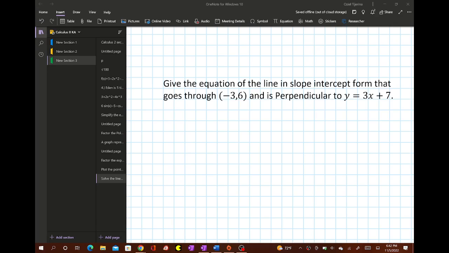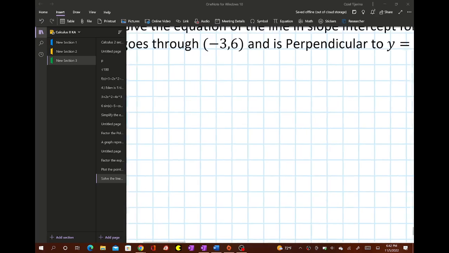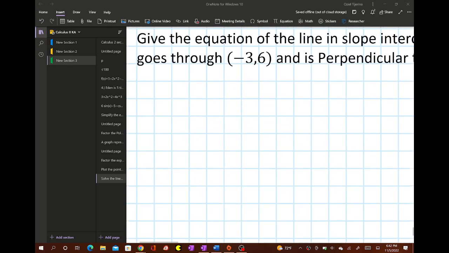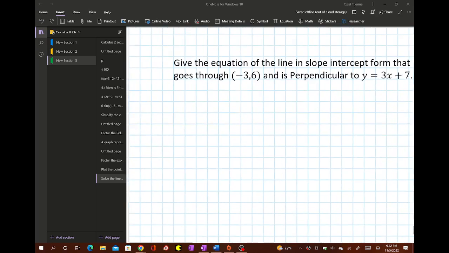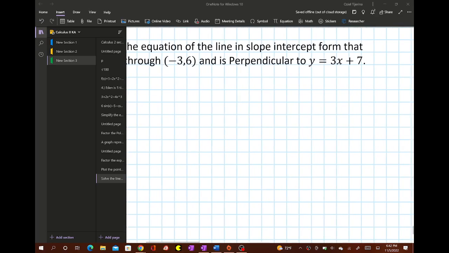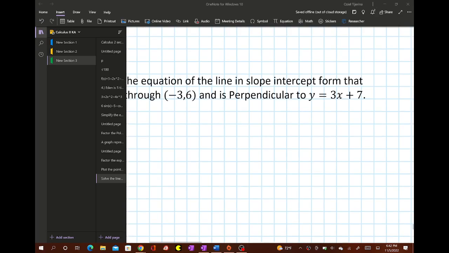So, it says, give the equation of the line in slope-intercept form that goes through (-3, 6) and is perpendicular to y equals 3x plus 7. The first thing you need to know is what it means when it says perpendicular.